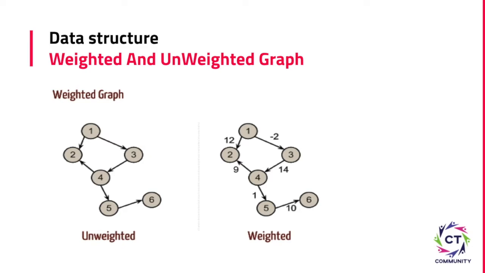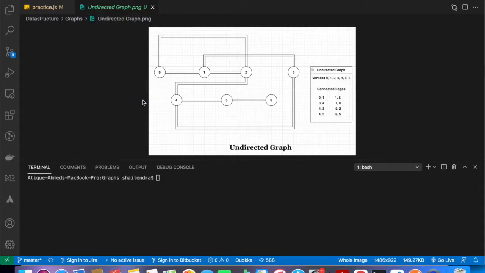Alright, so let's go now and do the hands-on coding in order to get a better understanding. Let's discuss the most popular graph in the graph concept, which is the undirected graph. In this diagram, 0, 1, 2, 3, 4, 5 and 6 are the vertices, and the connected edges are 3 and 1.